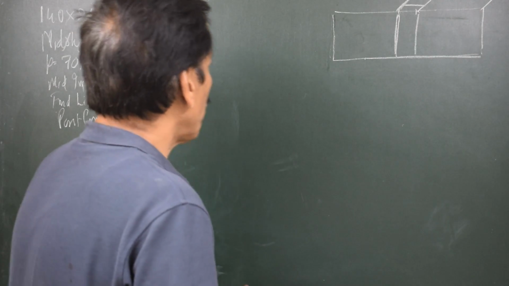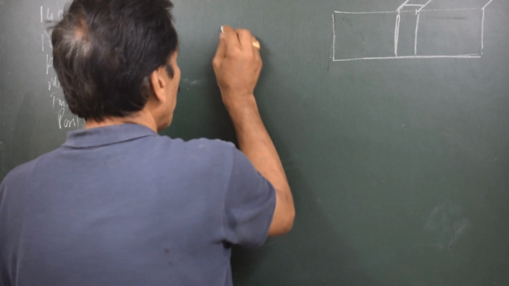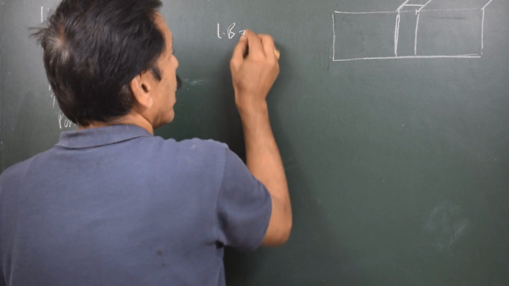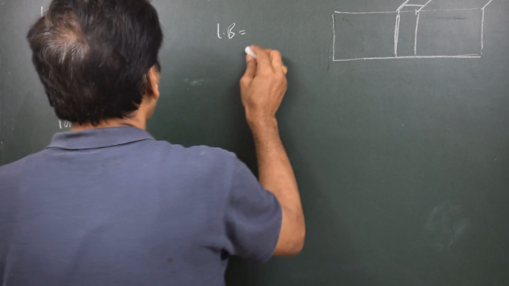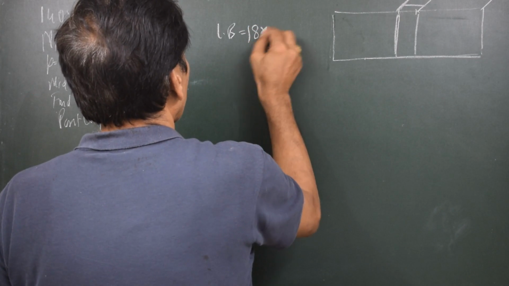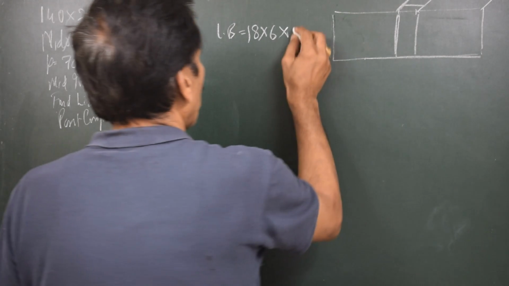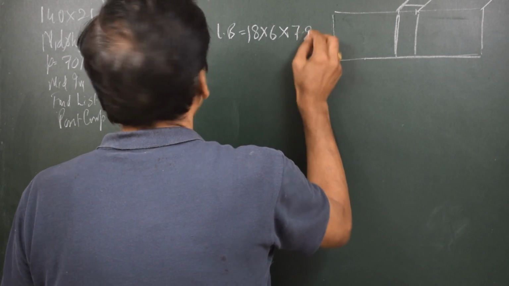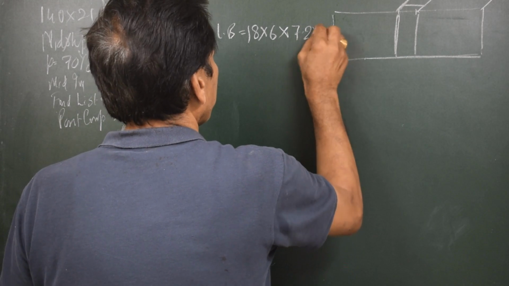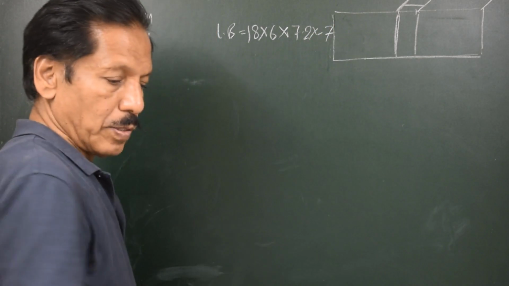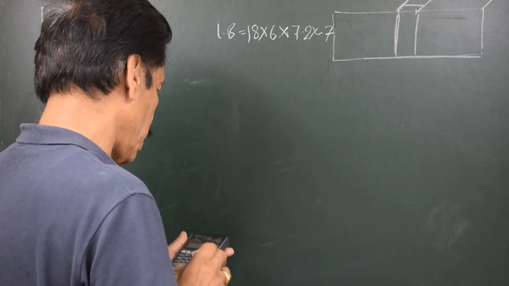So as usual, we will first find out the loss of buoyancy. Loss of buoyancy is equal to the length of the compartment, that is 18, into 6, into the draft of the ship, which was 7.2 meters, into permeability, that is 0.7. So let us see what the loss of buoyancy is.